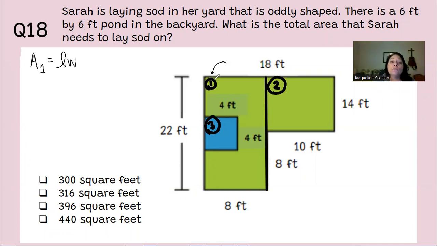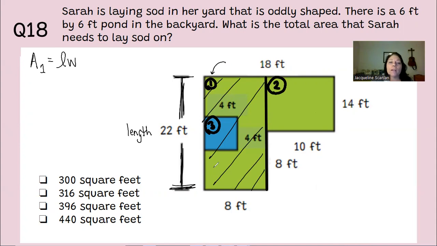Okay, so we are going to find the area of this great big rectangle first. And what I need to know is how long it is and how wide it is. The length of this big green rectangle is placed on the outside of the shape. From here to here is the length of that rectangle.